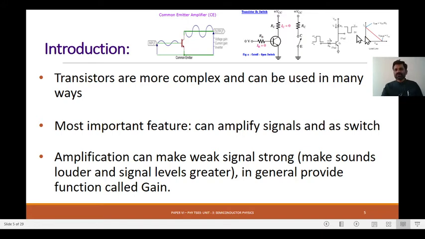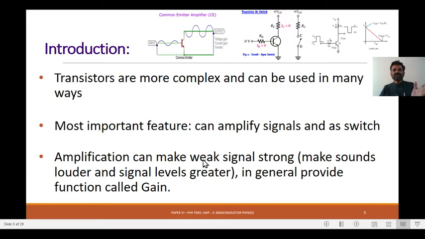It can be obtained by a load line analysis. In a load line analysis also, you can come to know how the transistor will act like a switch, and also act like an amplifier. So these are all amplification.